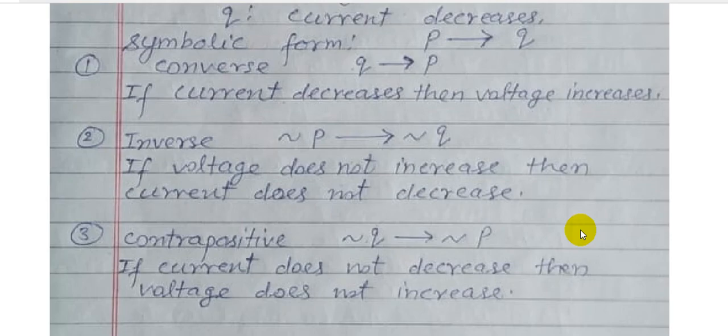For the inverse, we write negation in the given statement. Negation in the given statement means negation P, conditional negation Q. Only use not, or you can say negation, according to logic on both sides, or in both the statements use not according to grammar.